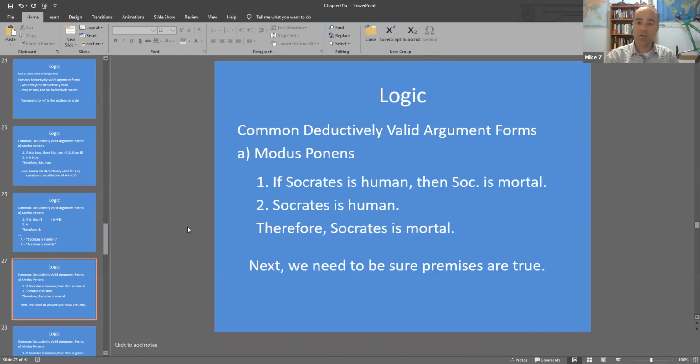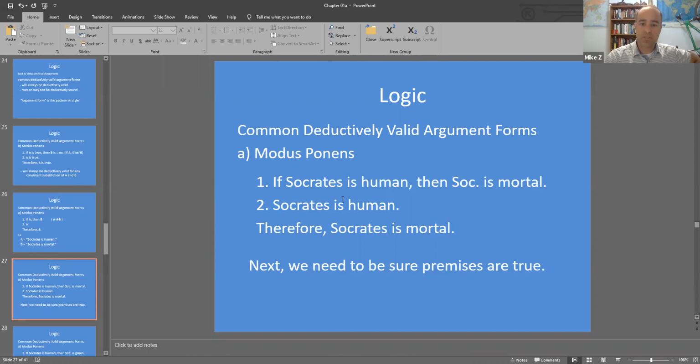If Socrates is human, then Socrates is mortal. That's a way of saying all humans are mortal, because we know that humans are mortal, so we can go ahead and say this. And then the second premise tells us Socrates is human, so we're forced to conclude that Socrates must be mortal.